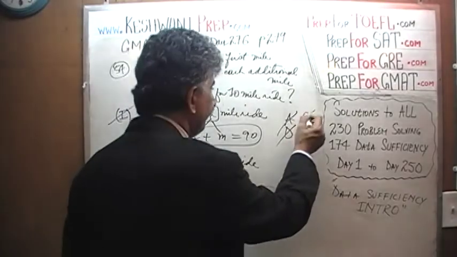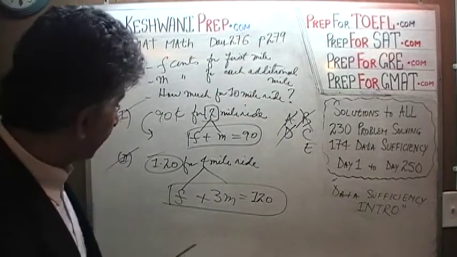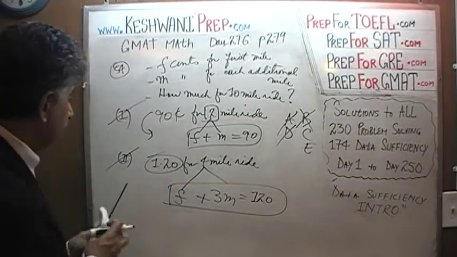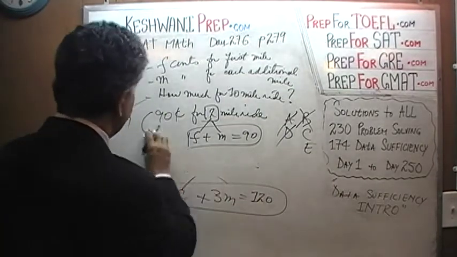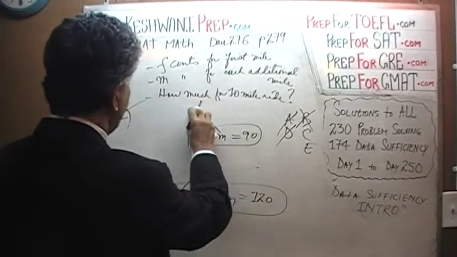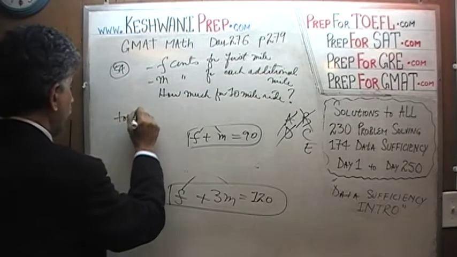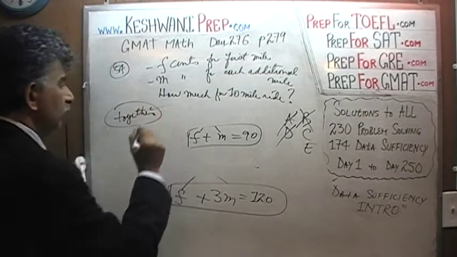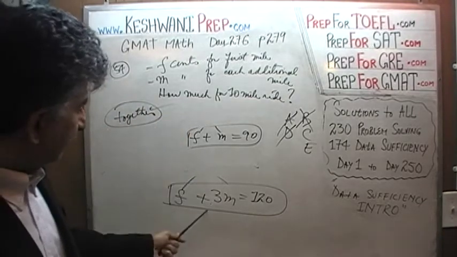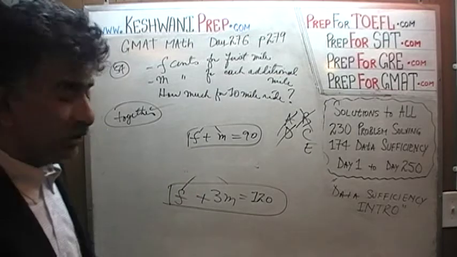The answer cannot be B. However, when we put them together, there we go. Together, it will do the job nicely, because we have 2 equations and 2 unknowns.